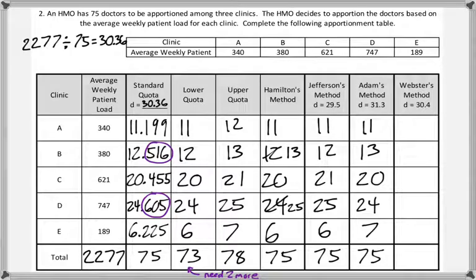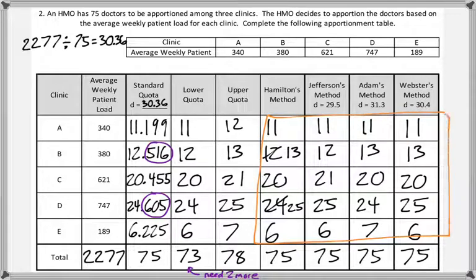And you should get 11, 13, 20, 25, and 6. And these add up to be 75. So as you can see, the 4 different methods sometimes distribute the doctors the same and sometimes differently.